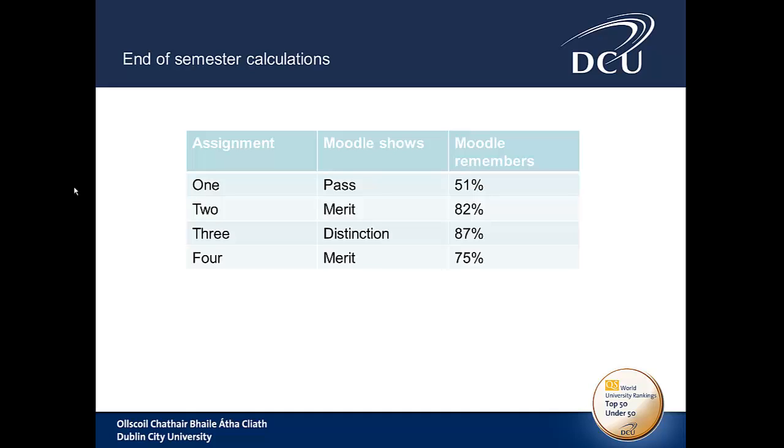However, Moodle remembers the mark the lecturer gave. This is important because Moodle will use the individual marks from each assignment to calculate the end of semester results. In addition to piecing all the bits of the jigsaw together, Moodle can also weight the assignments and therefore remove a big calculation headache for the lecturer at the end of the semester.